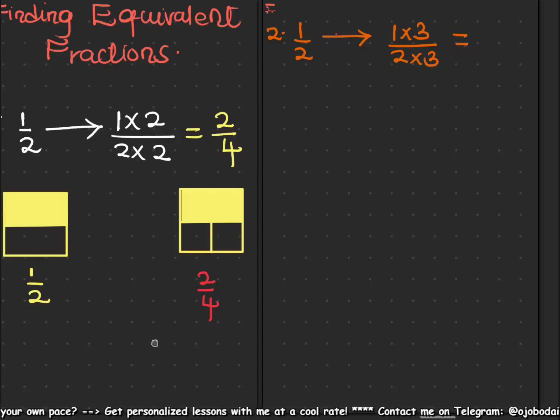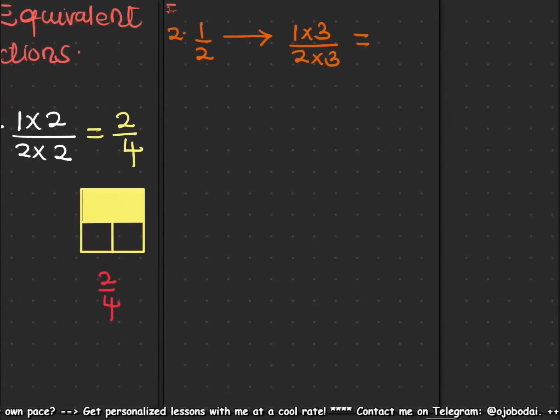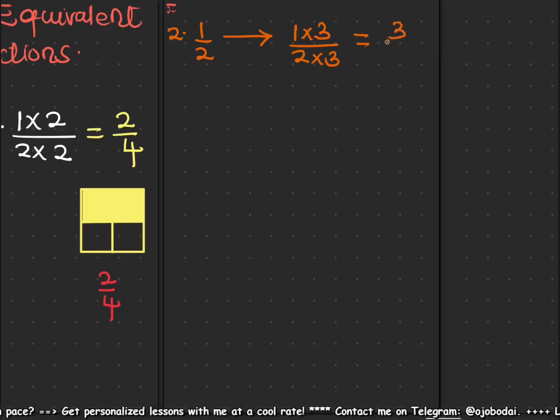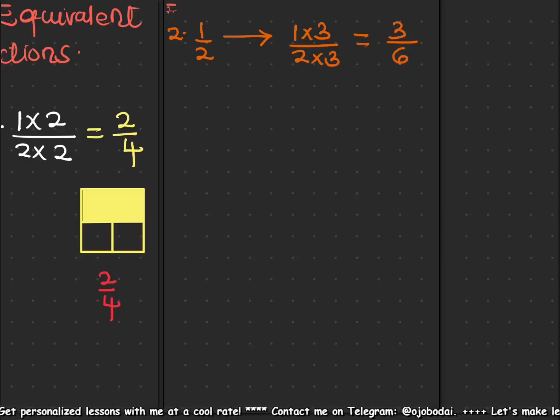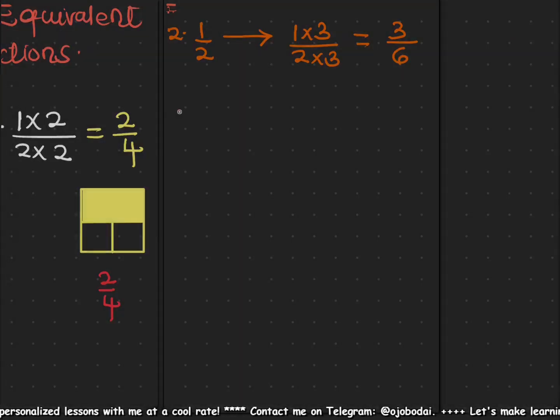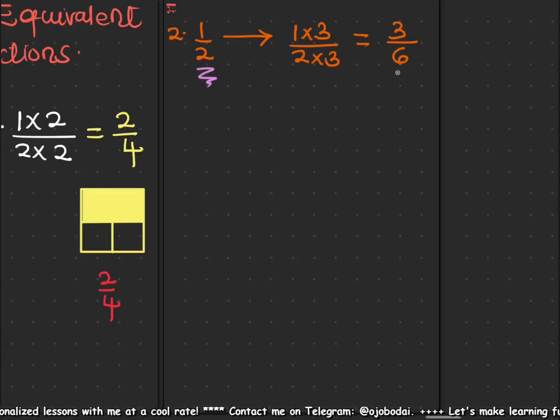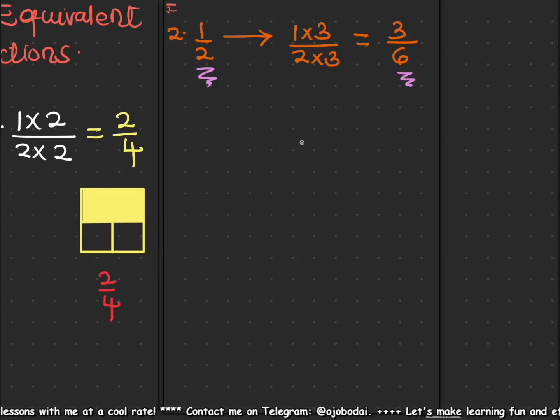And by doing so, our numerator is going to give us a 3, and 2 times 3 gives us what? 6. Hence, we are saying that both the 1 over 2 here and the 3 over 6 here are what? Equivalent. Let's look at their representations and see if they are really equivalent.